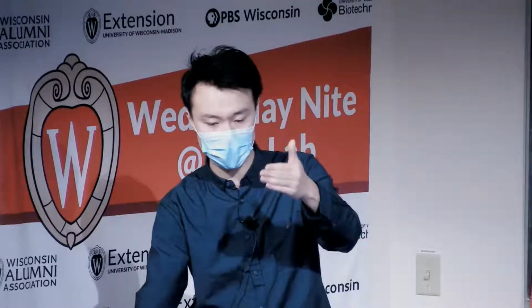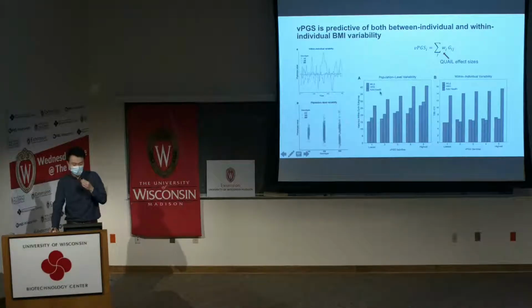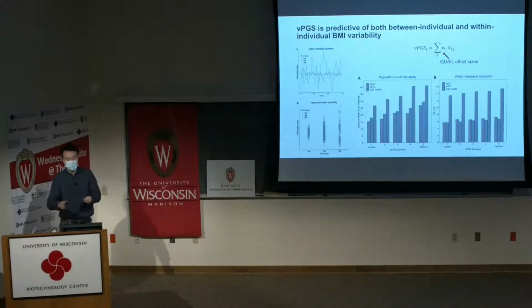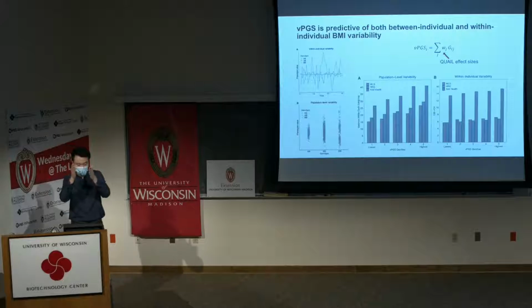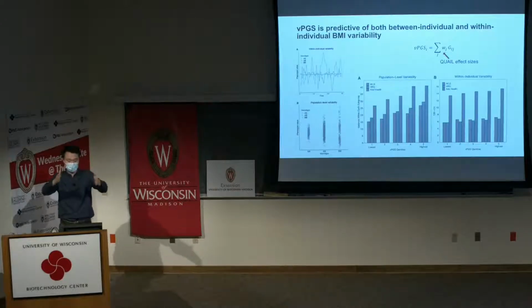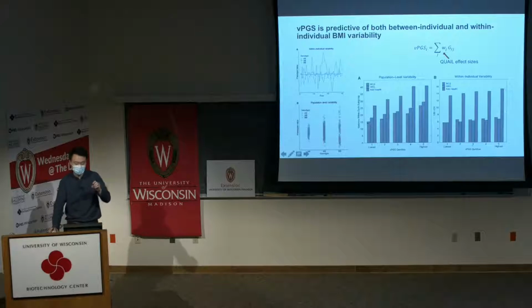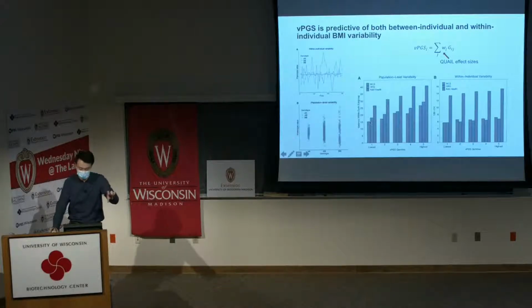Then on the lower right-hand side, you can see that across 3 different cohorts, you can consistently see that this score is significantly predictive of the phenotypic variability. For example, in panel A, in the middle, this is the between-person variability. Basically, if you stratify the population, each cohort, based on 5 different quintiles of your variance PGS, you can see that in the lowest quintile, the phenotypic variability is much lower.